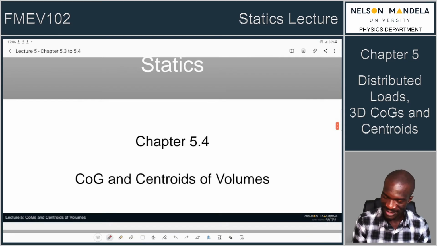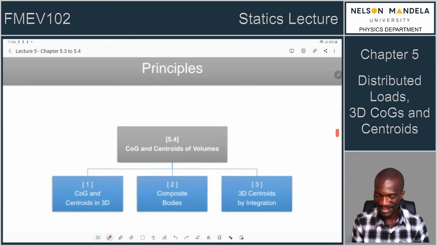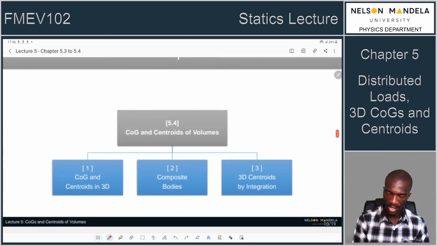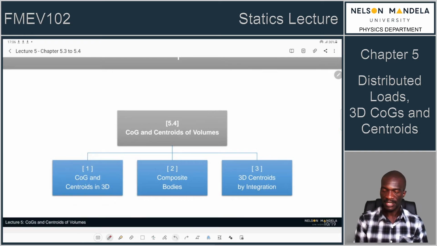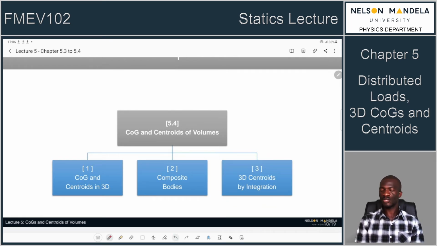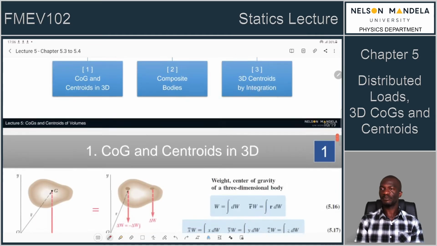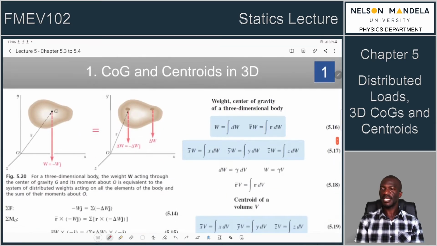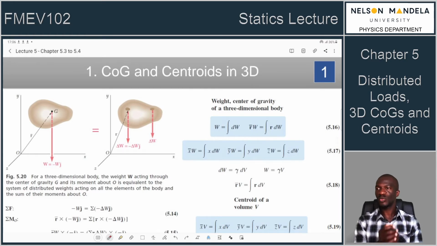This time we're just using volumes, so the theorems are still the same. In this section we will look at centers of gravity and centroids in 3 dimensions, composite bodies, and 3D centroids by integration. Centers of gravity and centroids in 3 dimensions are the same as what we were working on when we were looking at 2 dimensions.